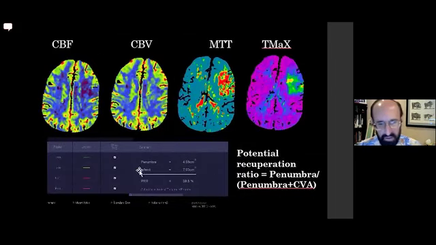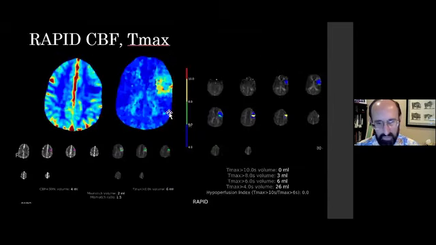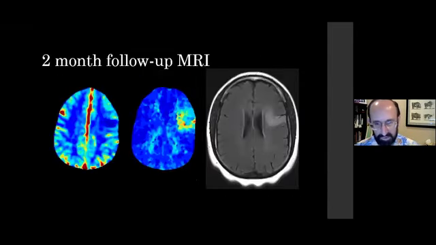So here, using the Syngo, showing that the Tmax area was larger than the area of CBF loss. And this can lead to a calculation of the PRR, potential recuperation ratio, which you sometimes will see. Here, on the other hand, it was the Tmax evaluation with the mismatch ratio of 1.5.